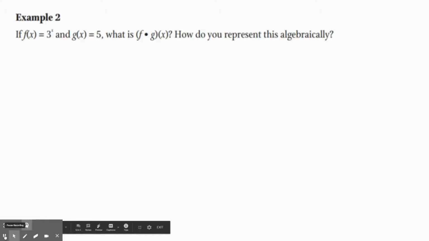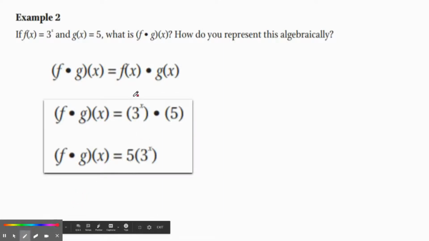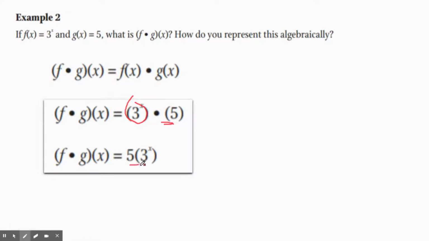Example 2, f of x is 3 to the x, g of x is equal to 5. It says, what is f times g of x, and how do you represent this algebraically? There's not too much to this problem, except there's one consideration, which is when you're multiplying, remember that if you have an exponent like we do here, 3 to the x times 5, they cannot get multiplied.